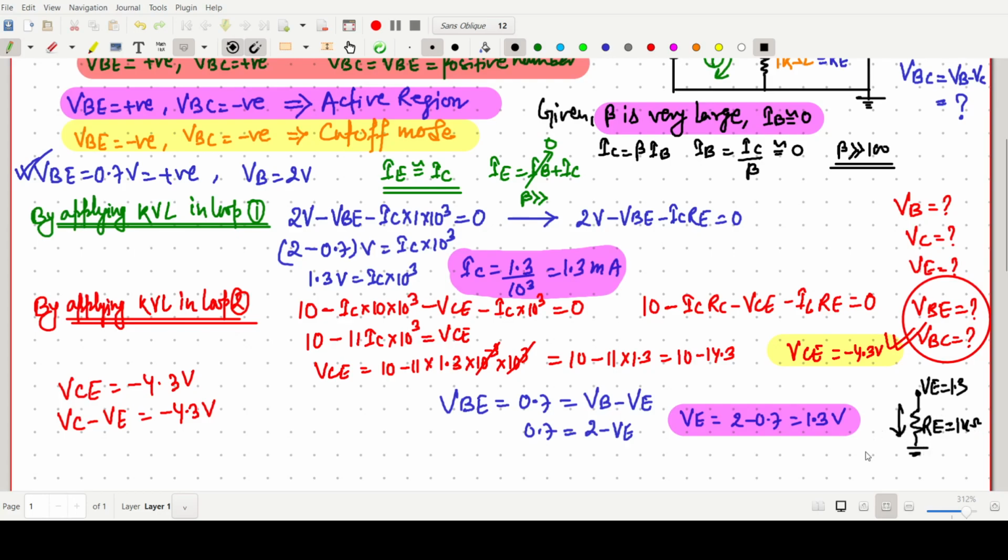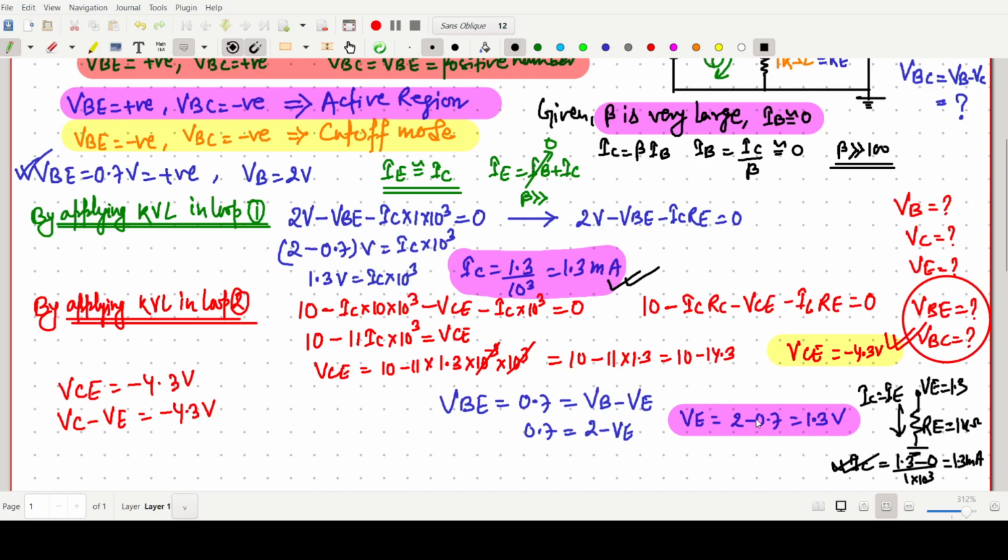So IC, equals IE, is VE, higher potential minus lower potential 0, divided by 1 kilo ohm. So it should be 1.3 milliampere. We already have 1.3, so we can easily identify we are going in the right direction.